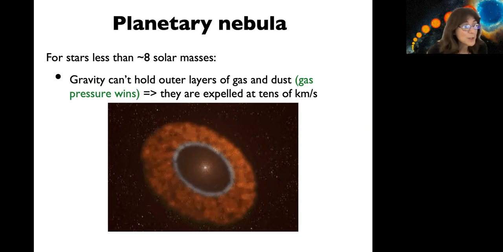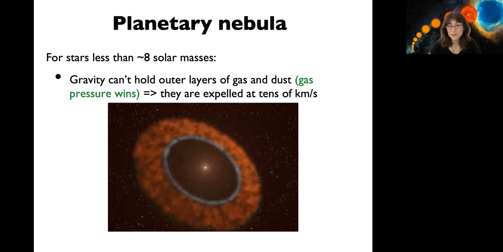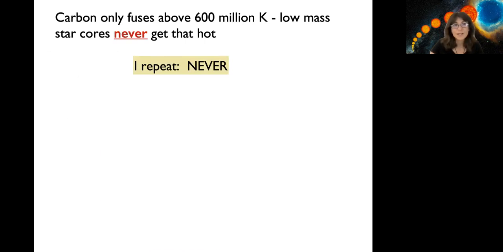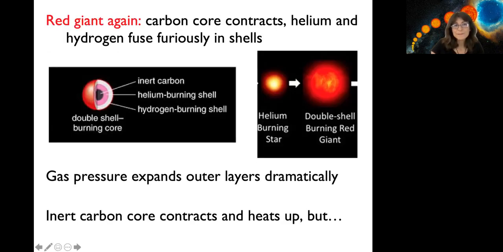Yeah, so I'm getting some questions. Why does it continue to expand? So let me go back just to make sure. Whenever you have fusion in a shell, not in the core, but in a shell, that shell is extremely hot.